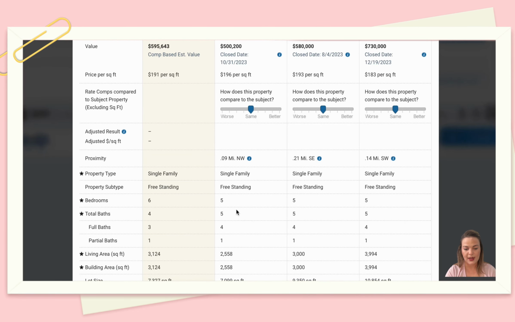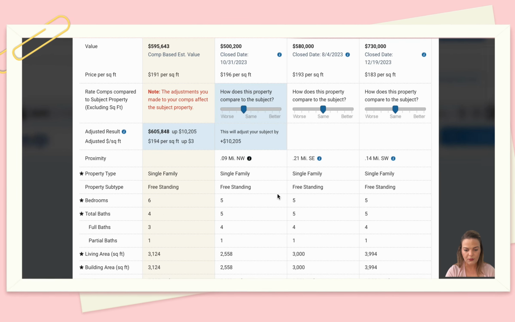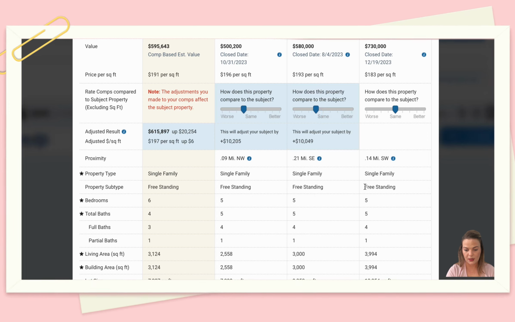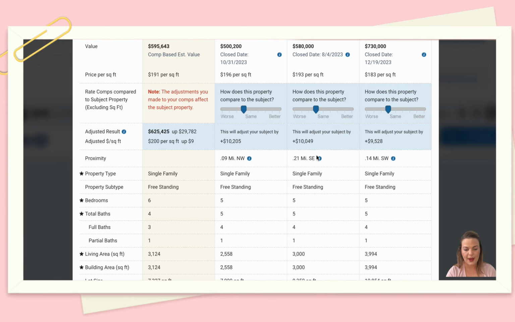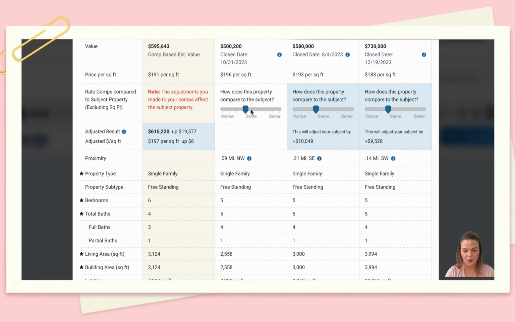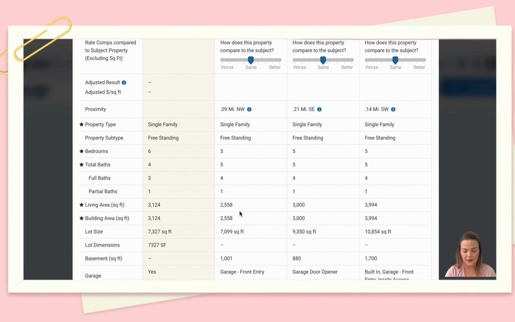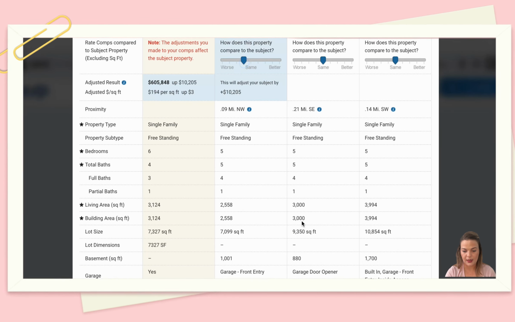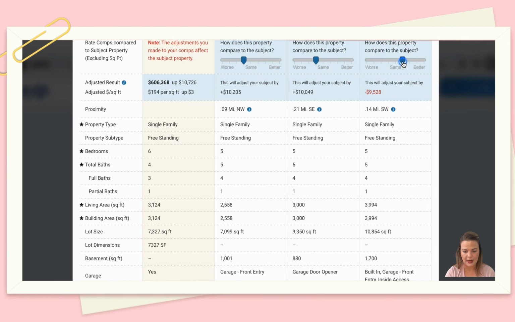Okay, so this one has 5 bedrooms, but my property has 6, so it's actually a little worse. Same thing with this. Worse, and then this one worse because of the amount of bedrooms. Now the total baths, this has 5, 5, and 5, and we have 4. So we're going to move it back. Square footage, this one is actually worse because it's got a little less. This one has just a little less, but this one absolutely has more than that.